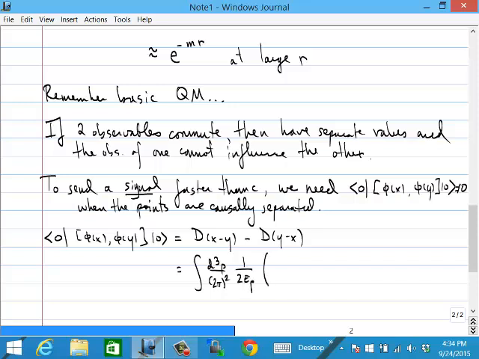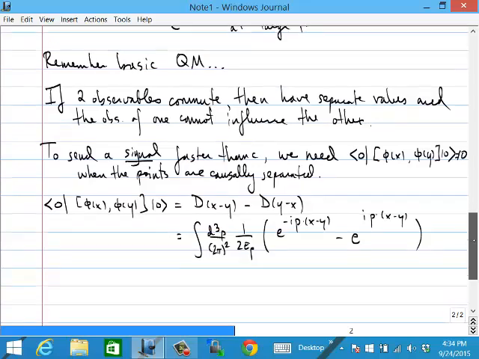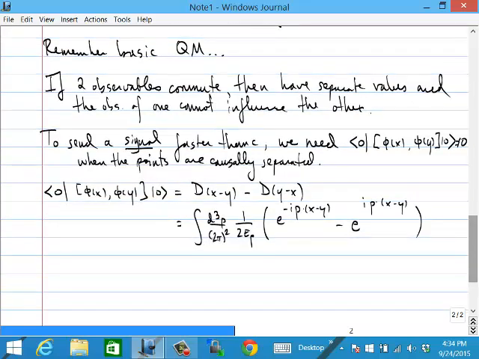So now we just have that factor we wrote down above, an e to the minus i p dot (x minus y). And you have to subtract off the thing where you have an e to the plus i p dot (x minus y), so the same thing with x and y reversed. And this integral does not obviously vanish.